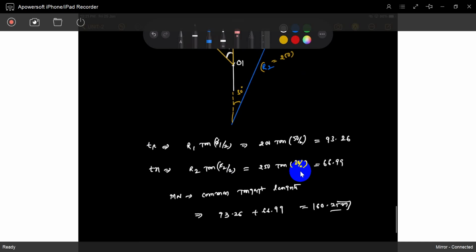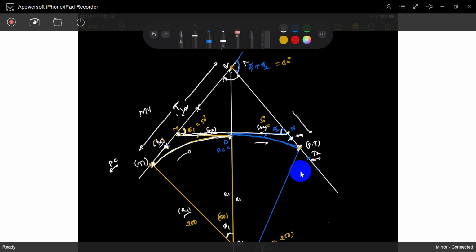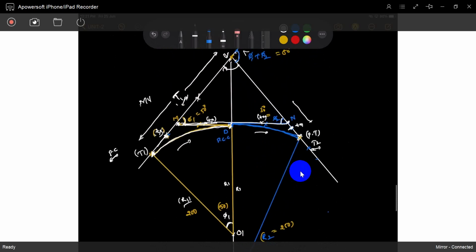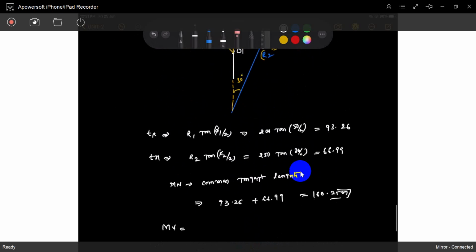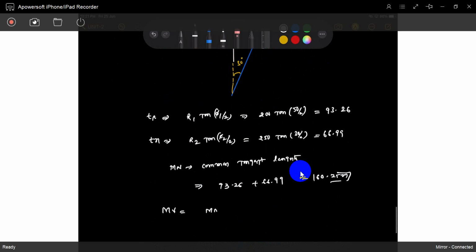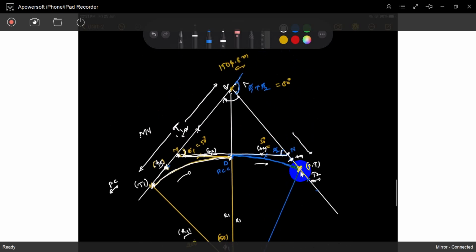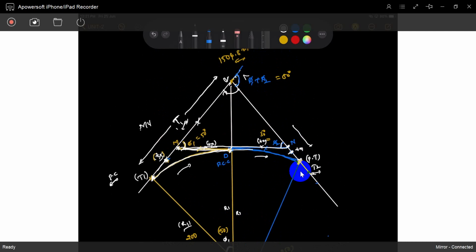Next, I have to find the MV value and the VN value. MV is MN sin theta 2 divided by sin of theta 1 plus theta 2. We know MN, multiplied by the opposite angle theta 2, divided by the opposite angle theta 1 plus theta 2.